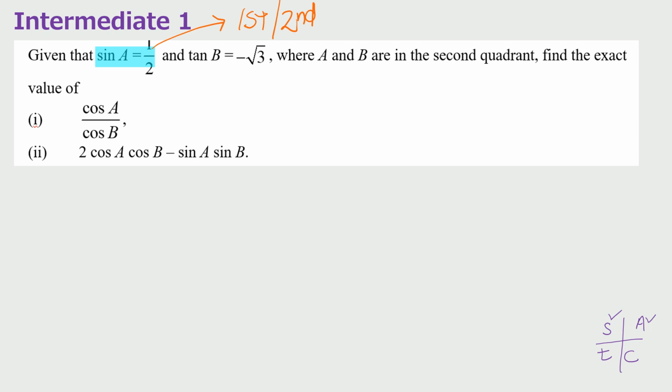Tangent B is a negative value, which means angle B can come from the second or the fourth quadrant. Since both angles must come from the same quadrant, it definitely has to be the second quadrant, because it's the intersection: first and second intersect with second and fourth. The intersection point is the second quadrant. So let's draw the diagram.